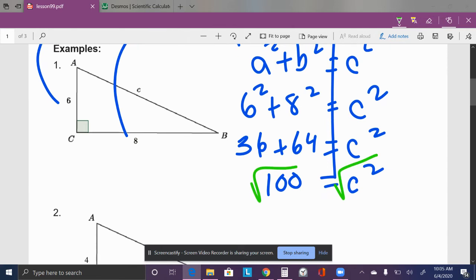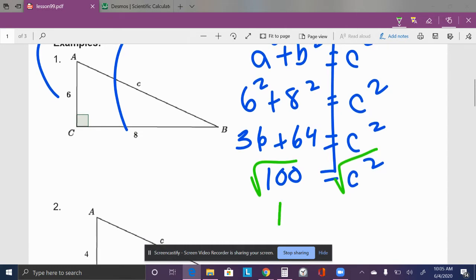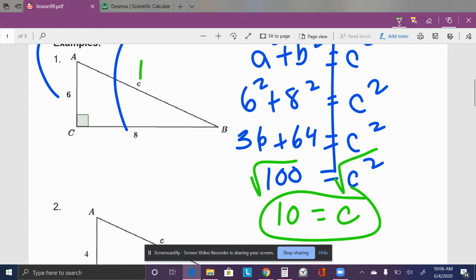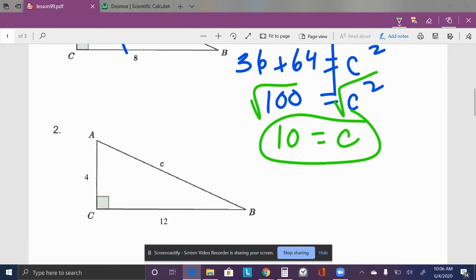The square root of 100 is a nice, simple integer answer, and it's just 10. Square root of C squared is C, and there is my final answer. Okay, so the length of this side is going to be 10, and that fits into the Pythagorean theorem. All right, let's look at the next one.